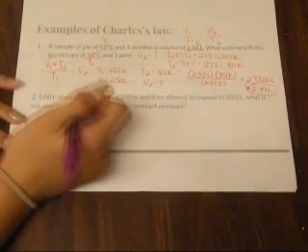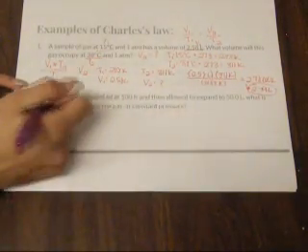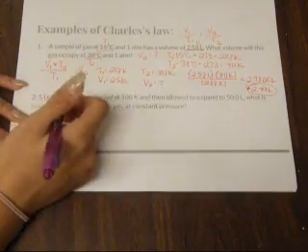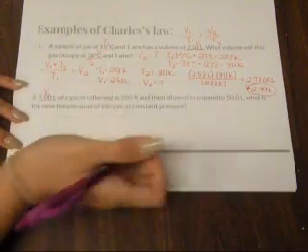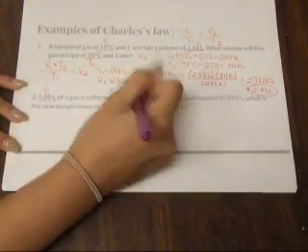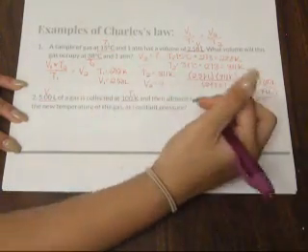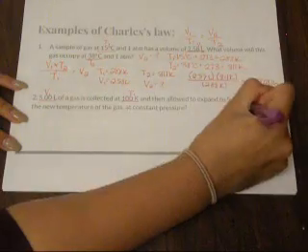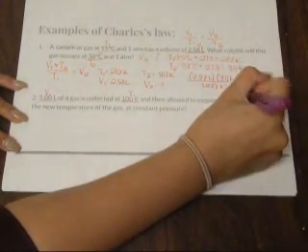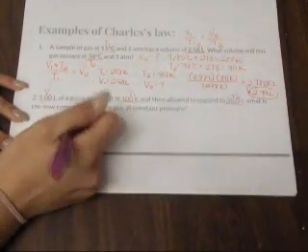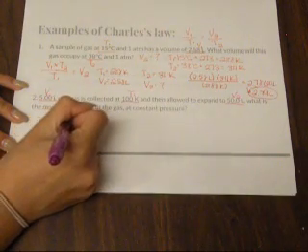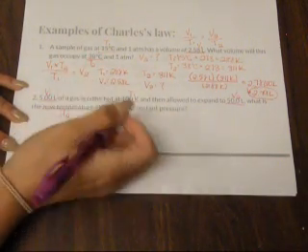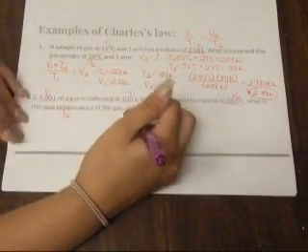So first we identify the important parts in the problem. So 5 liters is V1, 100 K will be T1, and then that gas is allowed to expand to 50 liters, which would be V2, and it's asking us to find the new temperature, which will be T2.